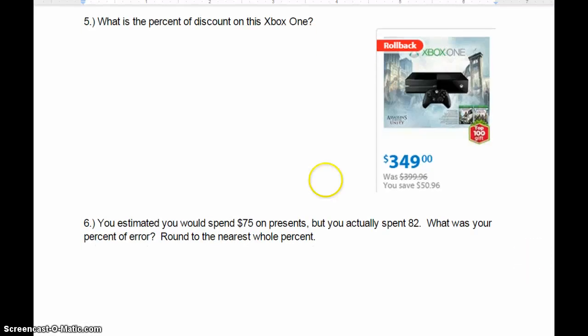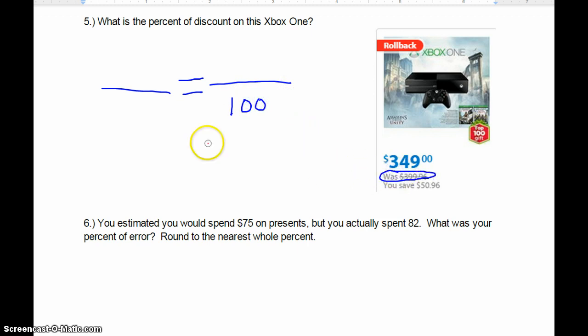Next up, discount. It's another before and after problem. So the price used to be $399.96. Discount is when they take money off of the before price. So before the discount, the price was $399.96.